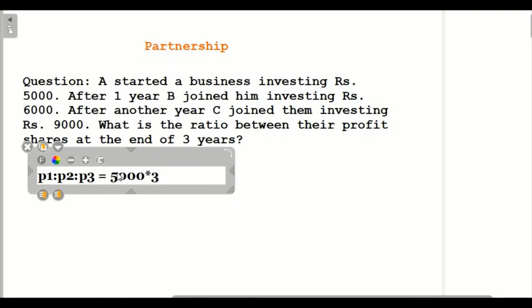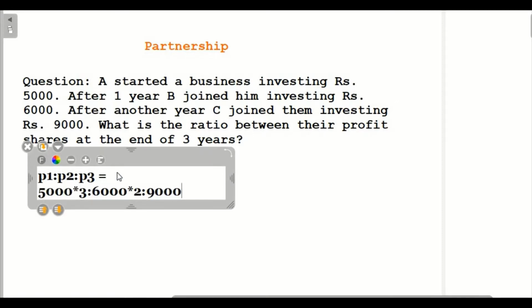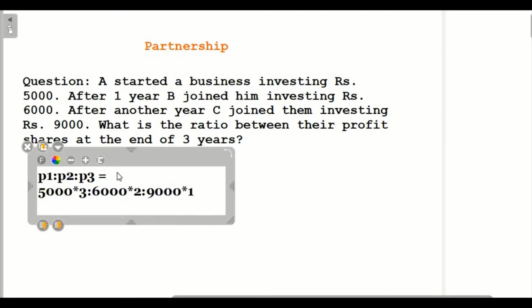A has started, so he is 3 years in the business. Second, B, who has joined before 2 years. Then C, who has joined before 1 year. So we have to calculate according to that.